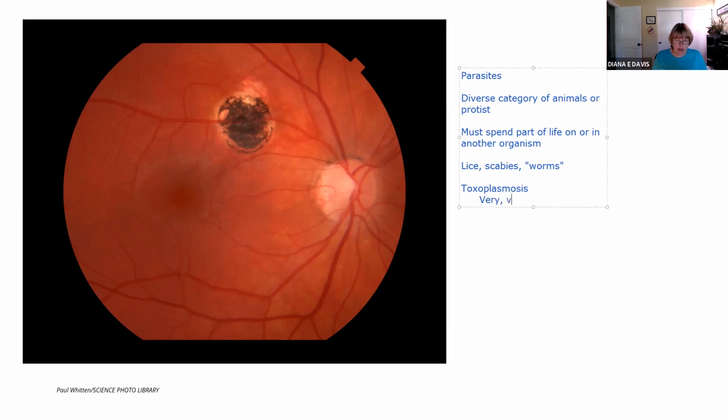It is very, very common. Most people will never have symptoms. It is dangerous, again, to immunocompromised people, and it is dangerous to the developing fetus or embryo in pregnant women.